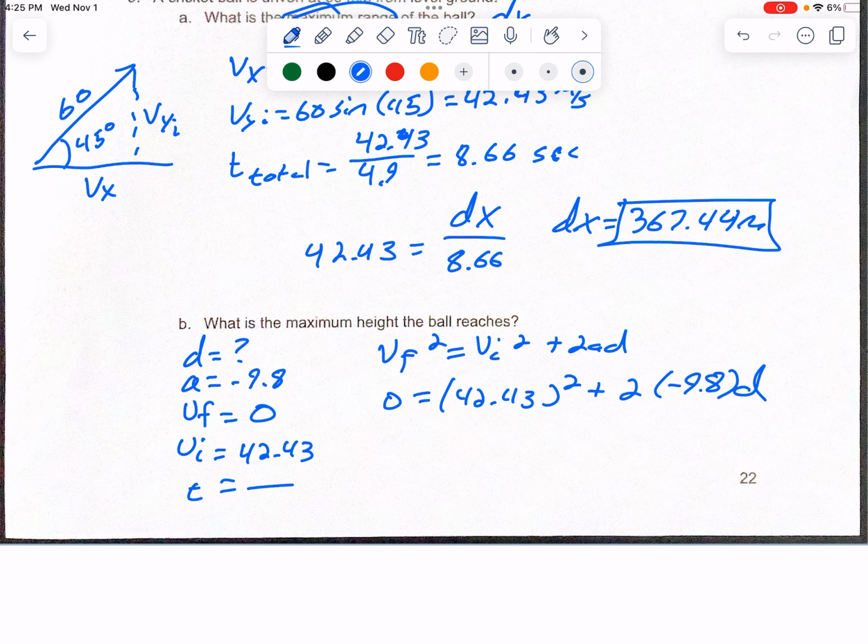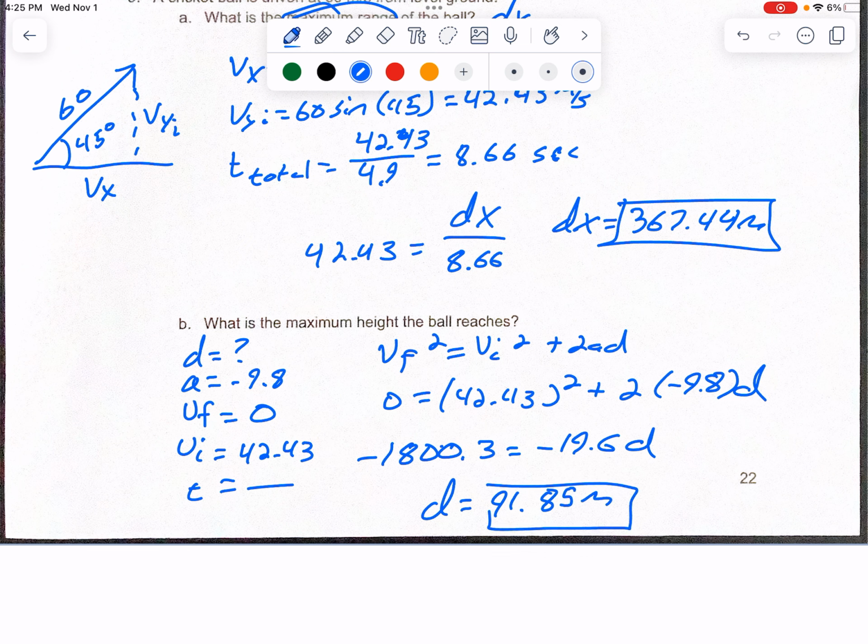I'm going to square that 42.43 and bring it over, and it becomes negative 1800.3 equals negative 19.6 d. I'm going to divide both sides by negative 19.6, and you're going to get a height of 91.85 meters. And that'll end that one.